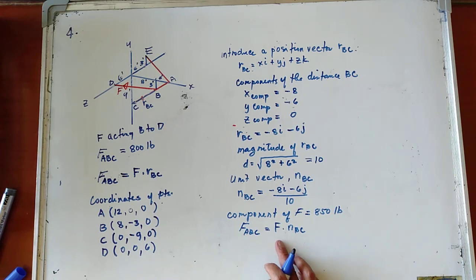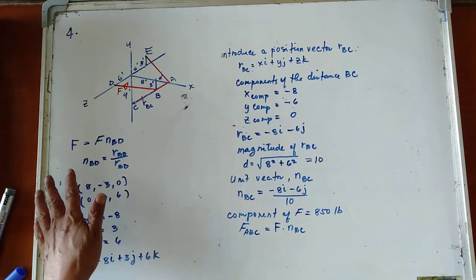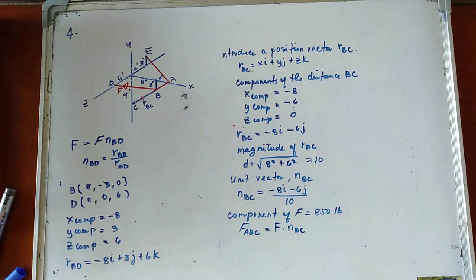So let us try to get now the Cartesian vector form of F, having a magnitude of 850. Okay, so let us try to write the Cartesian vector form of the force F directed from B to D.